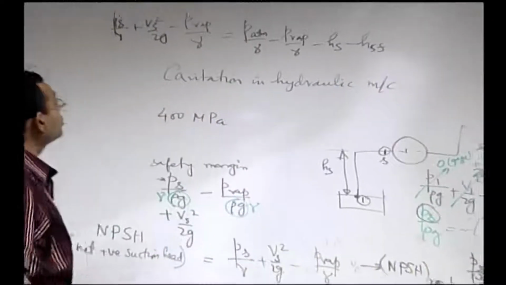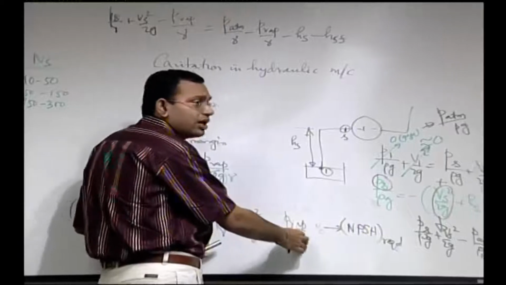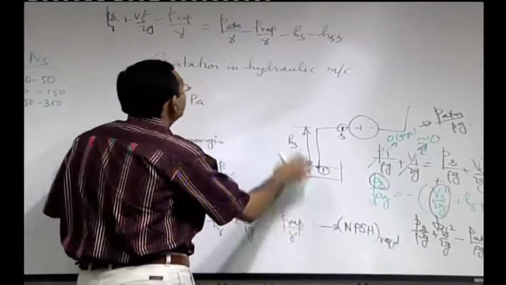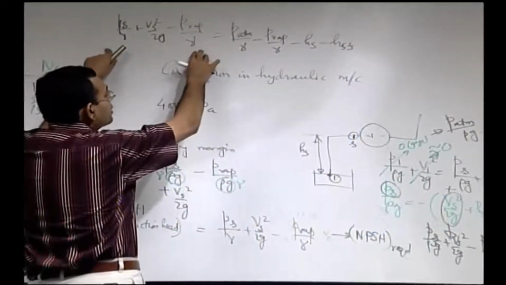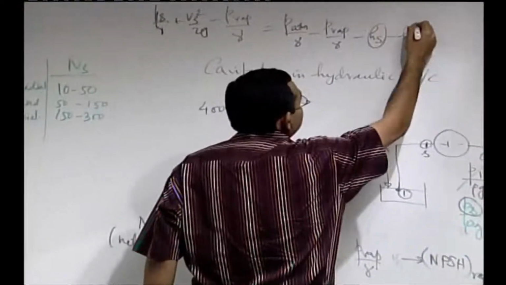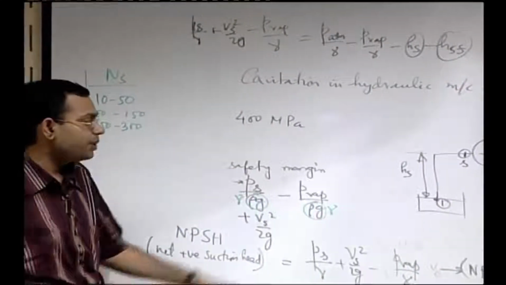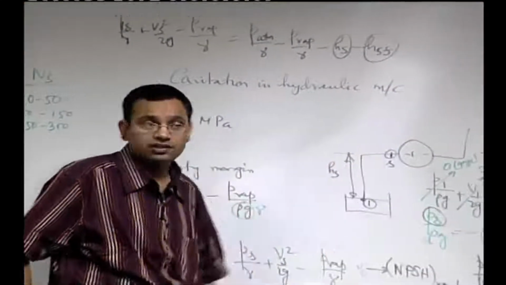Okay. So when you write this, see, the same expression we are writing. Here we have focused on what is the requirement of the pump, here we are focusing on what you get from the system, because now here you have Hs and Hsf which are dependent on the system characteristics. So what is the part of this lift and what is the head loss at this section.